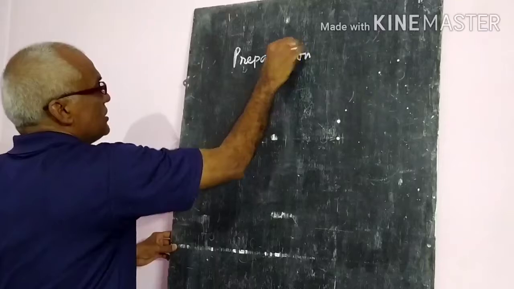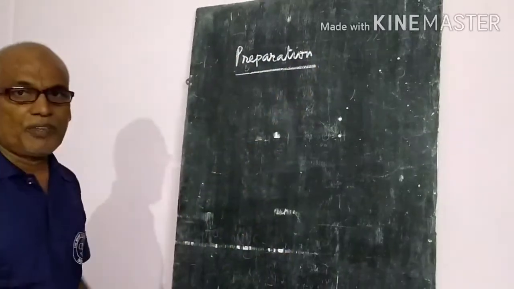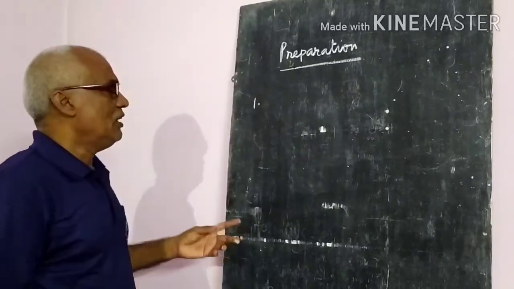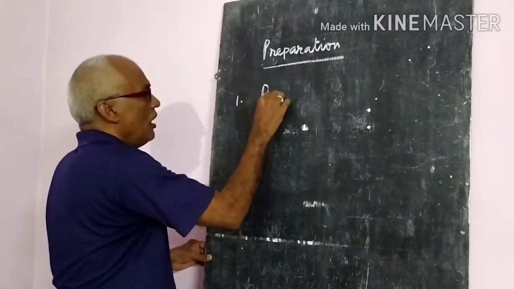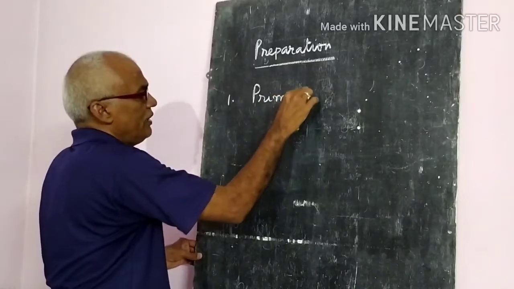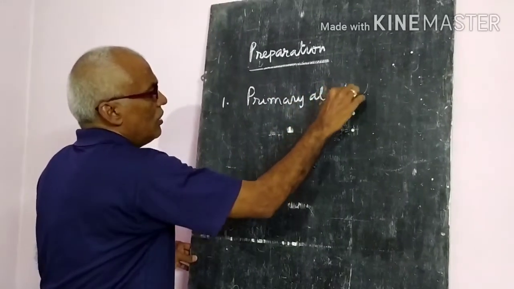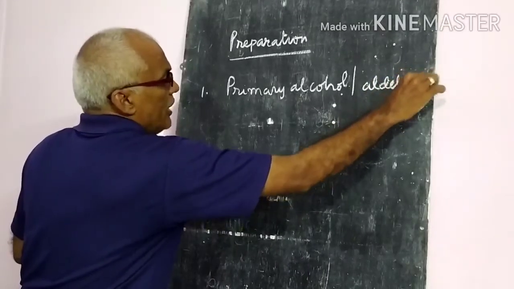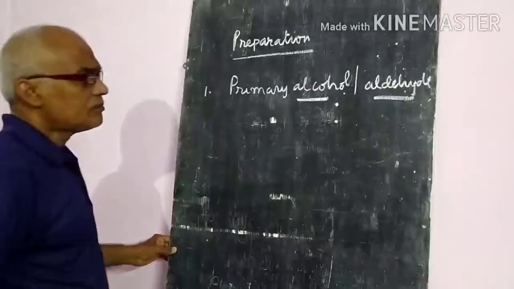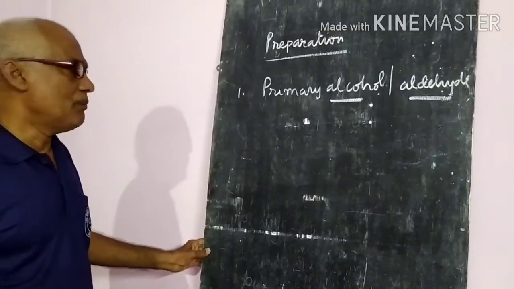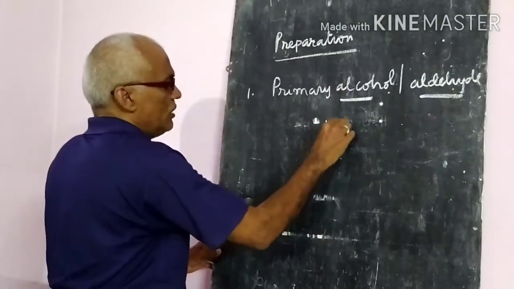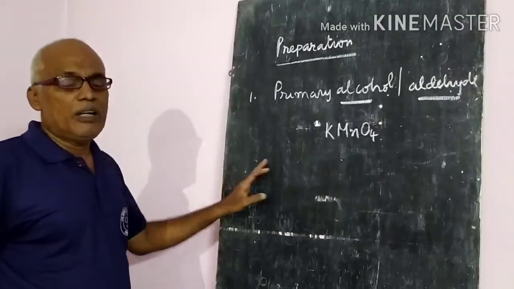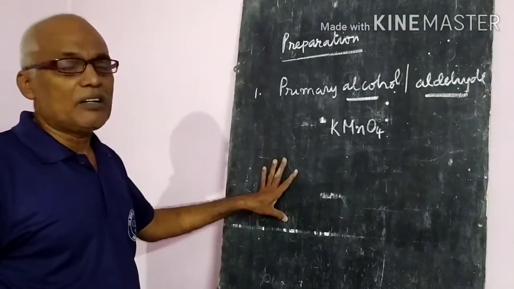Already we have learned some reactions. The first method is generally from primary alcohols and aldehydes also. So oxidation of these alcohols and aldehydes in the presence of strong oxidizing agents like potassium permanganate, dichromate, or chromic acid.